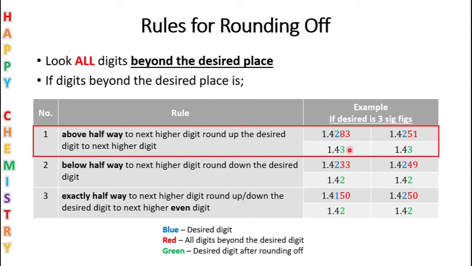In the second example, the number is 1.4251. The digits beyond the desired place are 51, which is above halfway. Therefore, 2 is rounded up to 3, and the answer would be 1.43.